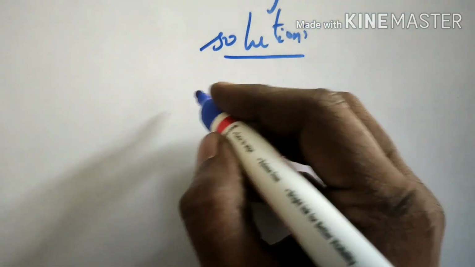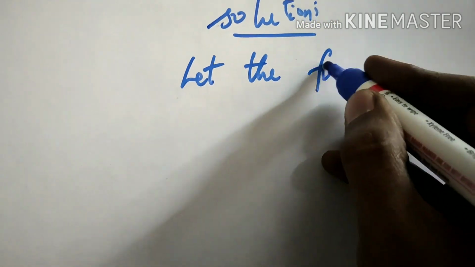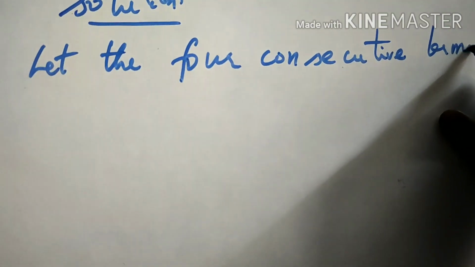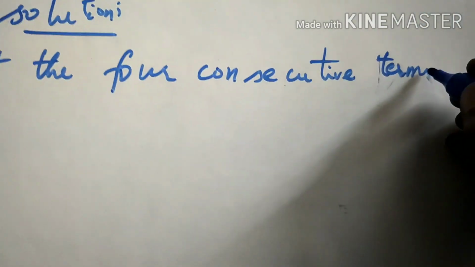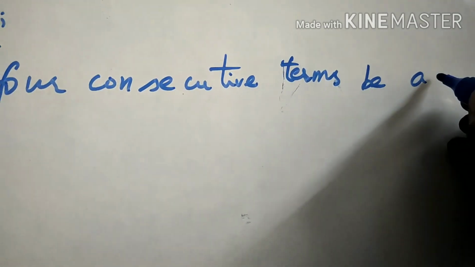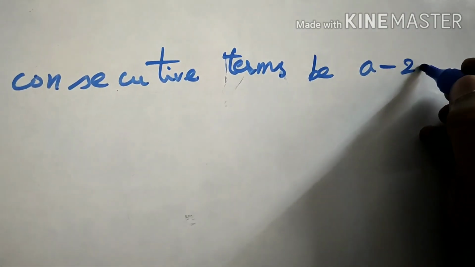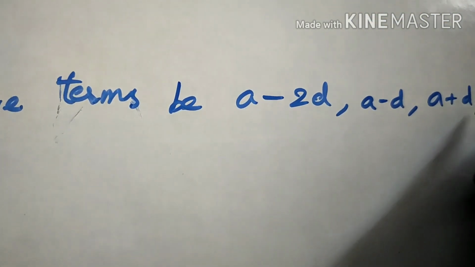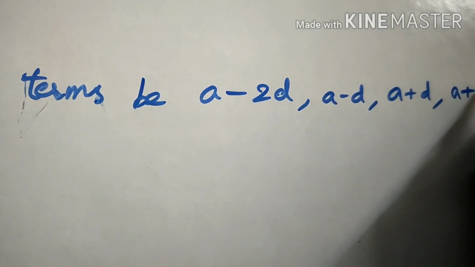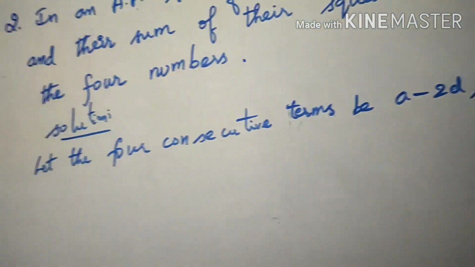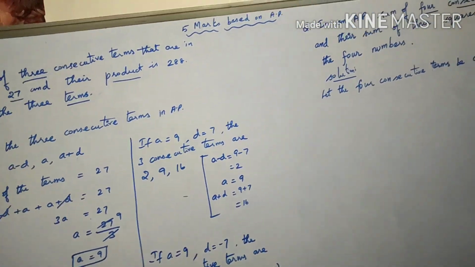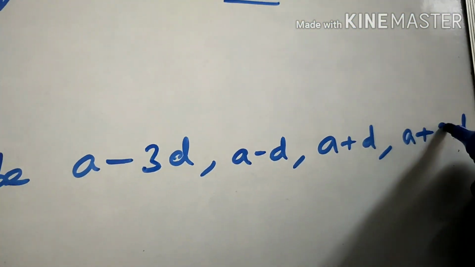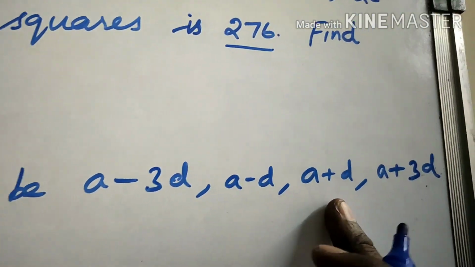What are the 4 consecutive terms? Let the 4 consecutive terms be a minus 3d, a minus d, a plus d, a plus 3d.